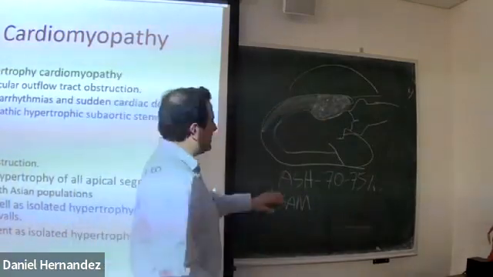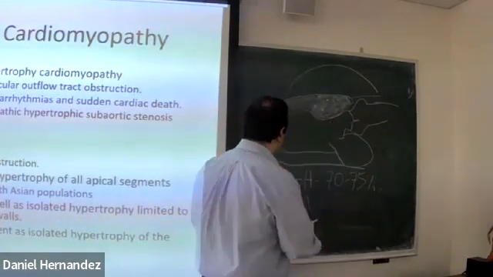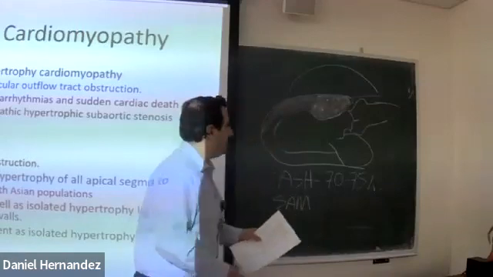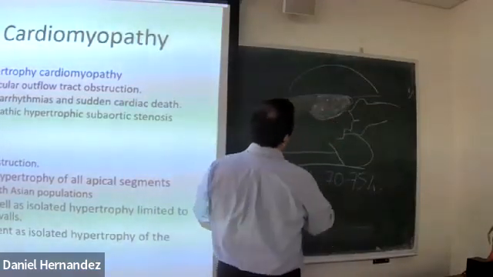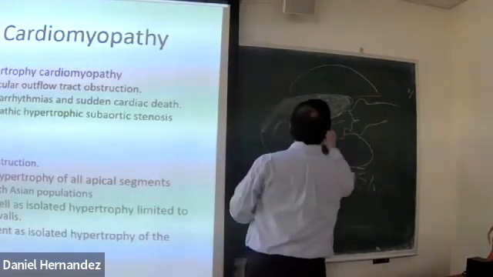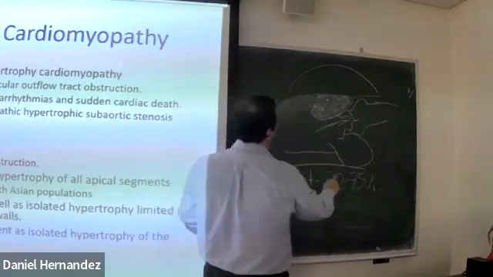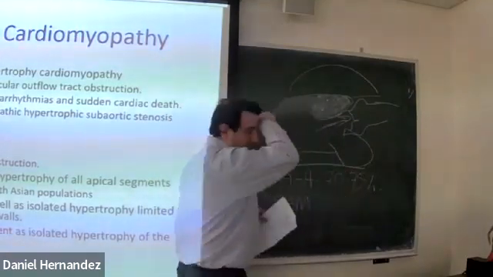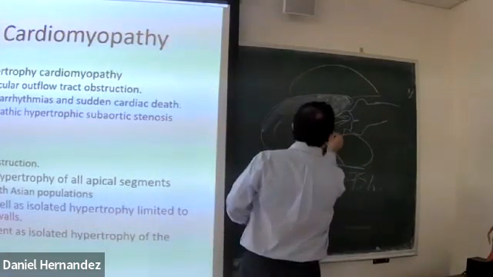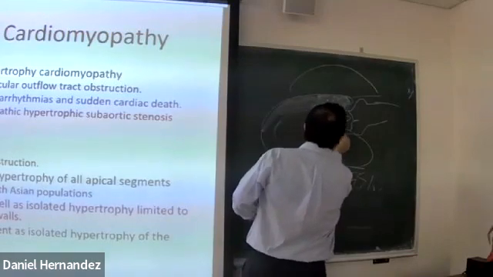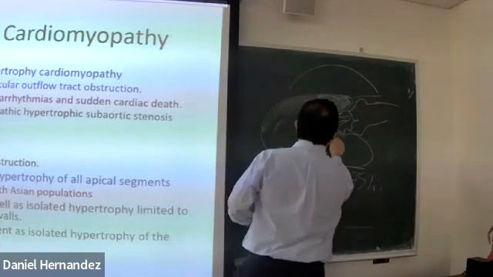So this asymmetric septal hypertrophy creates a dynamic LVOT obstruction. We have narrowing of our left ventricular outflow tract. And those elevated velocities now trying to exit out of that aortic valve create almost a suction or a vacuum effect that pulls our anterior mitral valve leaflet up into the LVOT.